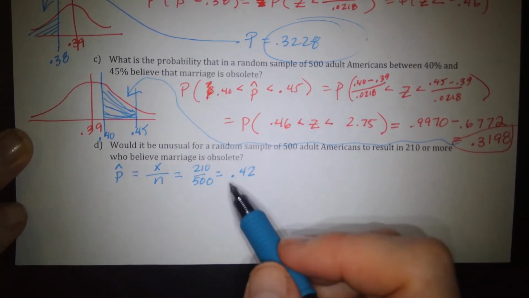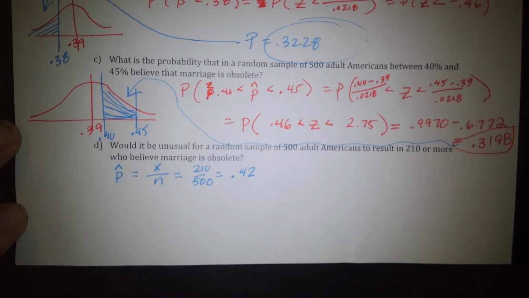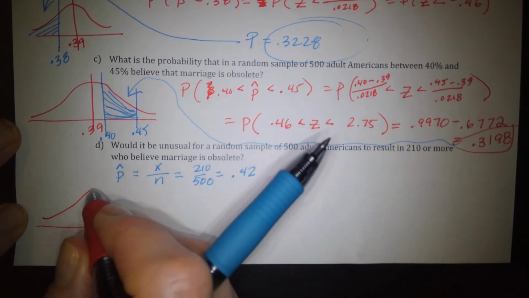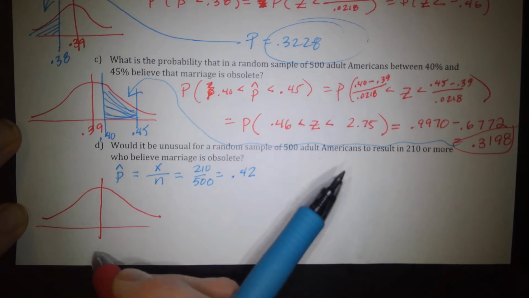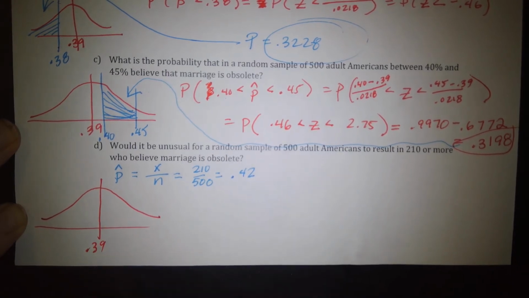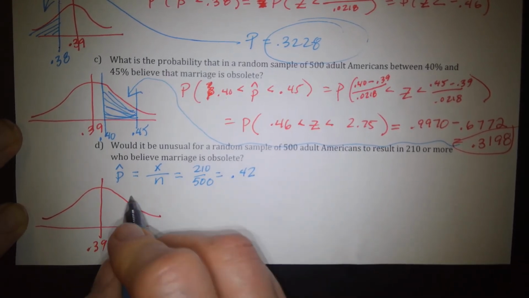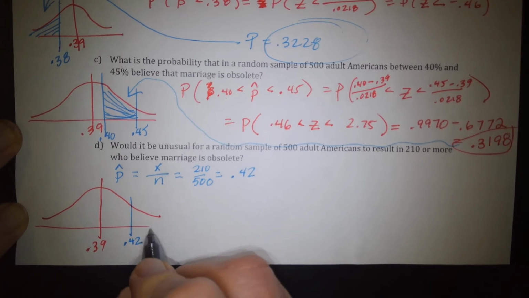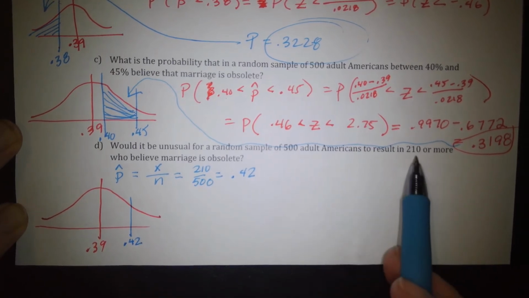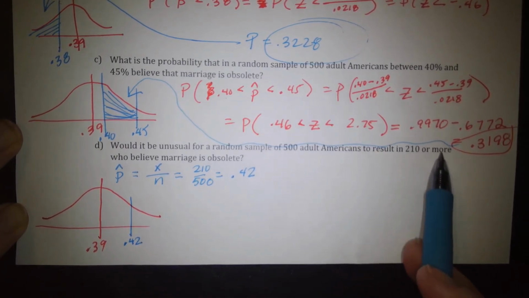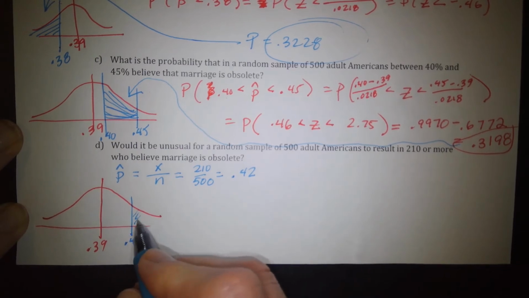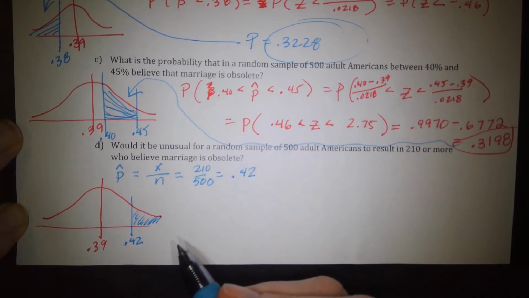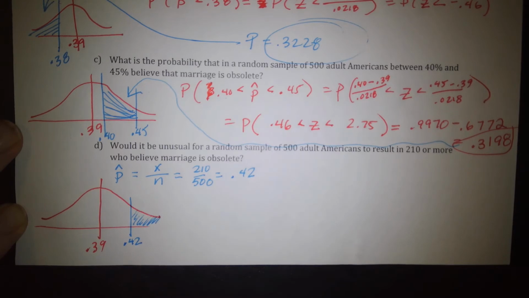So now that I have p-hat, I can go and do the problem the same way I did the previous ones. If the mean is 0.39 and p-hat is 0.42, I'm looking for the probability that that many or more, so 42% or more, feel this way.